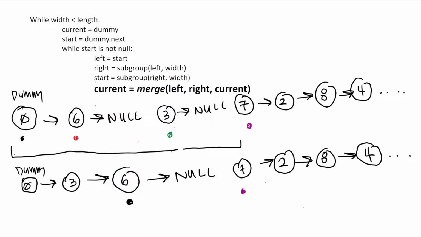Now that we've split those subsections here, we're going to merge the left and the right using the current pointer. So from the very beginning, our current is pointed to that dummy node, but we have those 2 subsections that are split from the list.